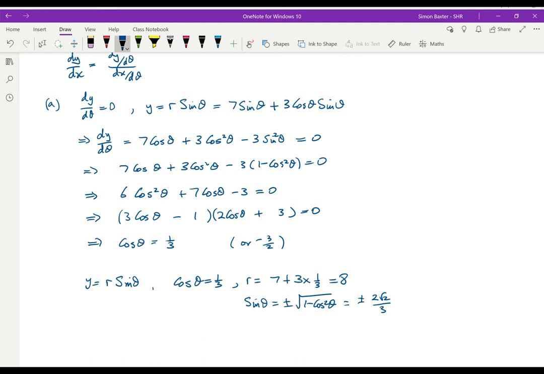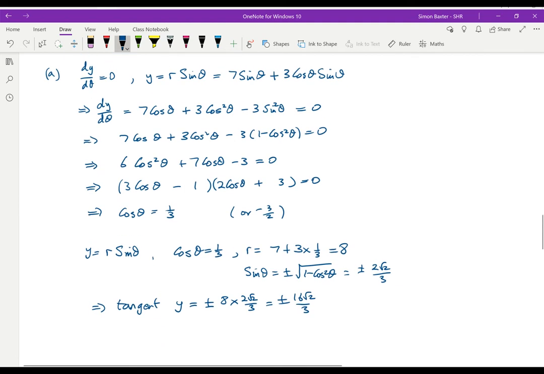And so we are looking for the tangent y equals plus or minus 8 times 2 root 2 over 3, which is plus or minus 16 root 2 over 3. And this, in polar terms, is r equals plus or minus 16 root 2 over 3 cosec theta.